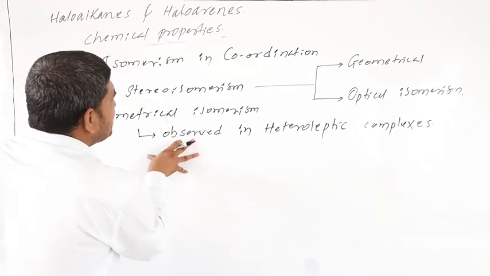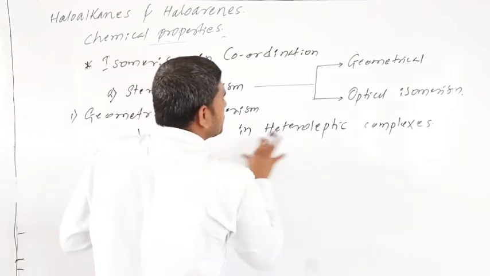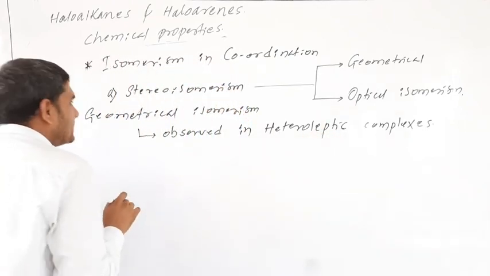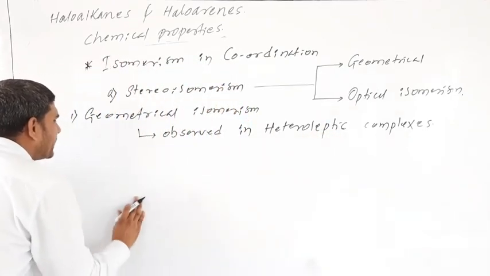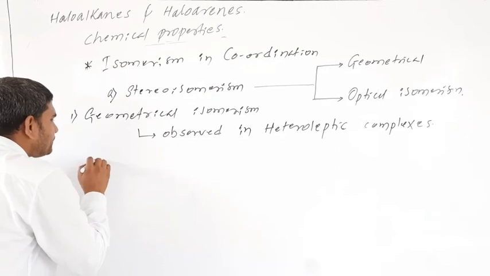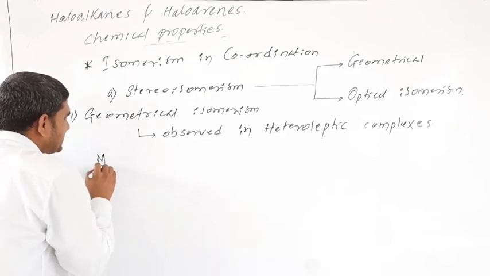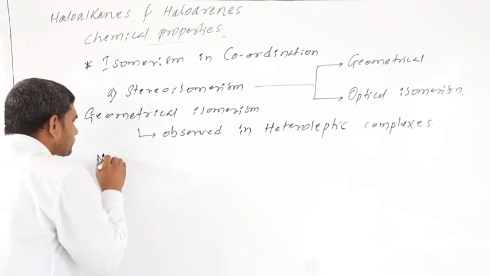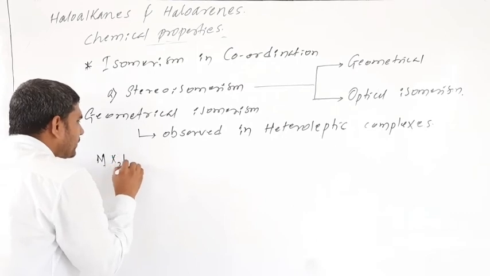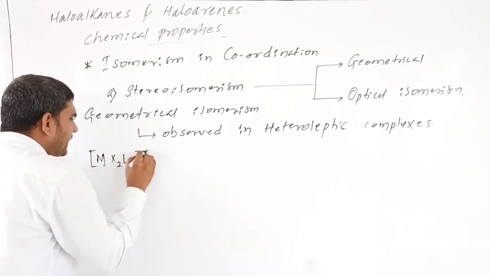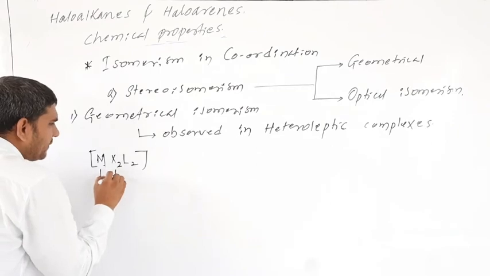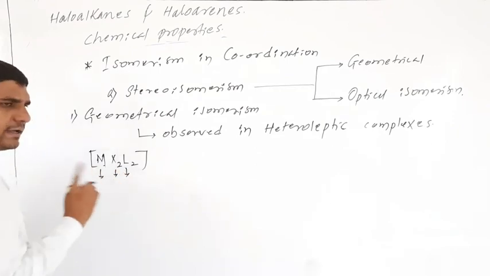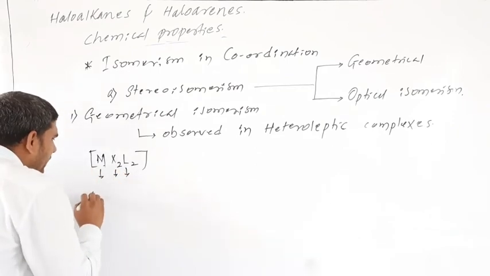Okay, this geometrical isomerism is observed in what? Heteroleptic complexes of the type MX2L2, listen carefully. Over here M is a central atom, X and L are monodentate ligands. This is actually coordination number 4.